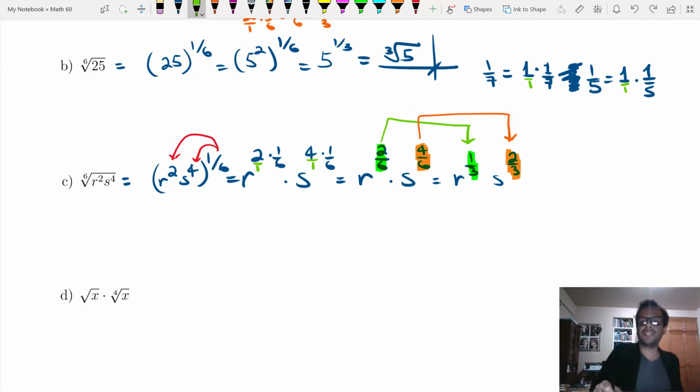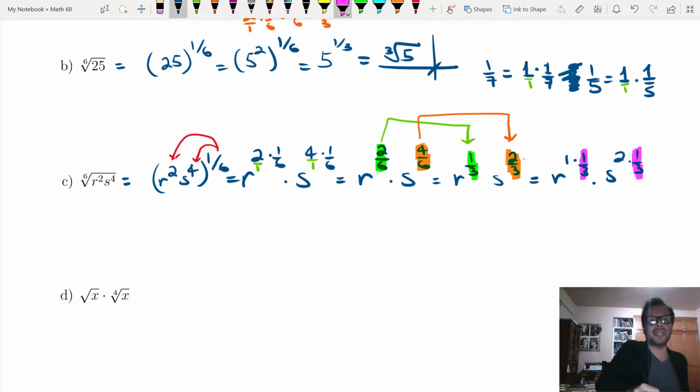So I'm going to do the same over here. r to the 1/3 is the same as r to the 1 times 1/3, times s to the 2/3, which is 2 times 1/3. And I will still highlight that common power right here.